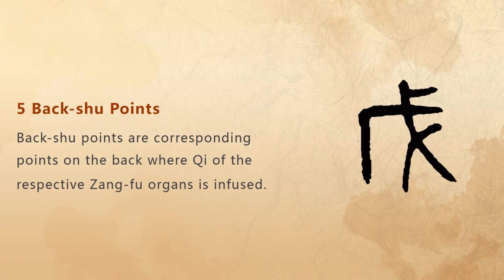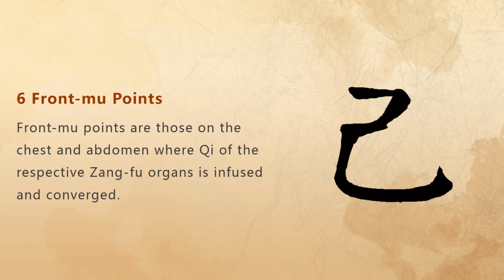Back shu points are corresponding points on the back where qi of the respective zangfu organs is infused. Front mu points are those on the chest and the abdomen where qi of the respective zangfu organs is infused and converged. Both back shu points and front mu points are distributed over the trunk and closely related with zangfu organs.